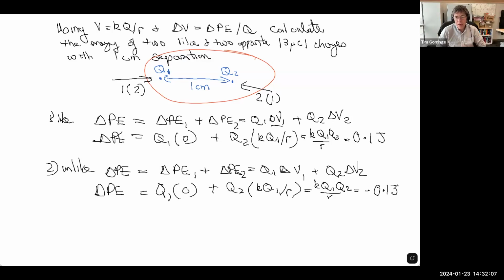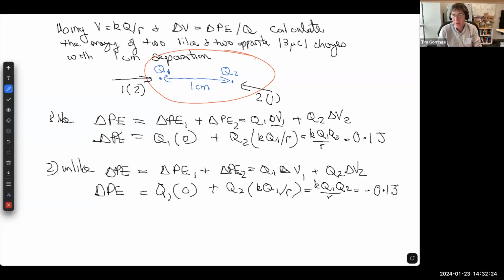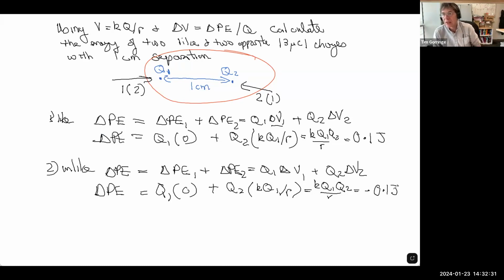In this case, the minus sign is telling us an interesting thing about the arrangement of opposite charges: it actually stores negative energy, negative electrical potential energy. So what does it mean to store negative electrical potential energy? It means that you would have to add energy, you'd have to do work, to pull those charges apart.